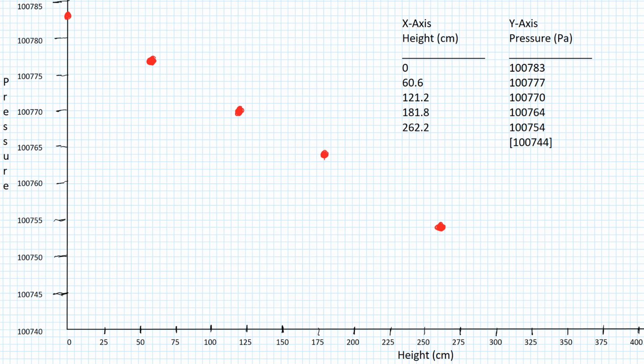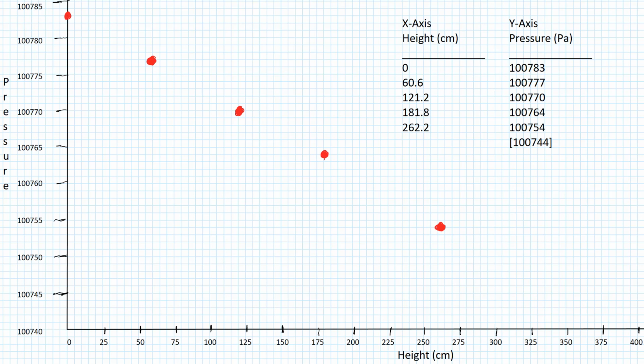So we're not going to use our prediction pressure yet. We're just going to look at the 5 data points. In my case, the 5 data points I've collected. Maybe you collected more than 5 data points. But we're just going to look at the measurements we took right now.